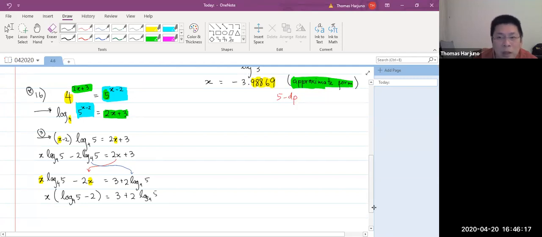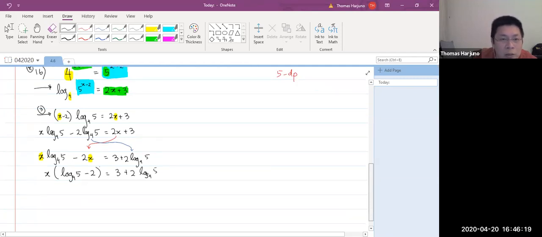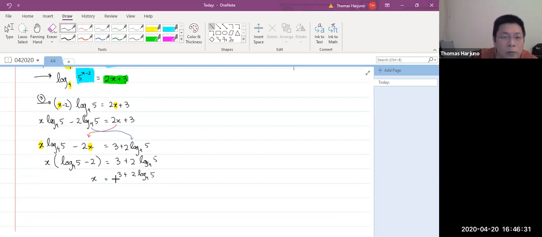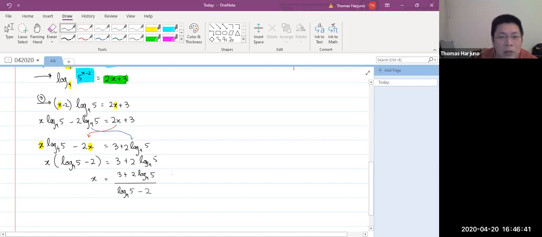And then x will be, in exact form, 3 plus 2 log base 4 of 5 over log base 4 of 5 minus 2. Now, that's the exact form.